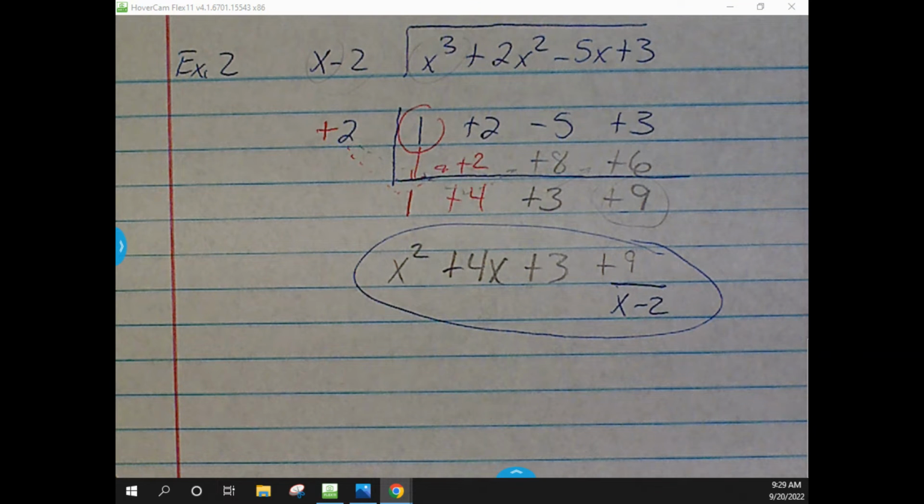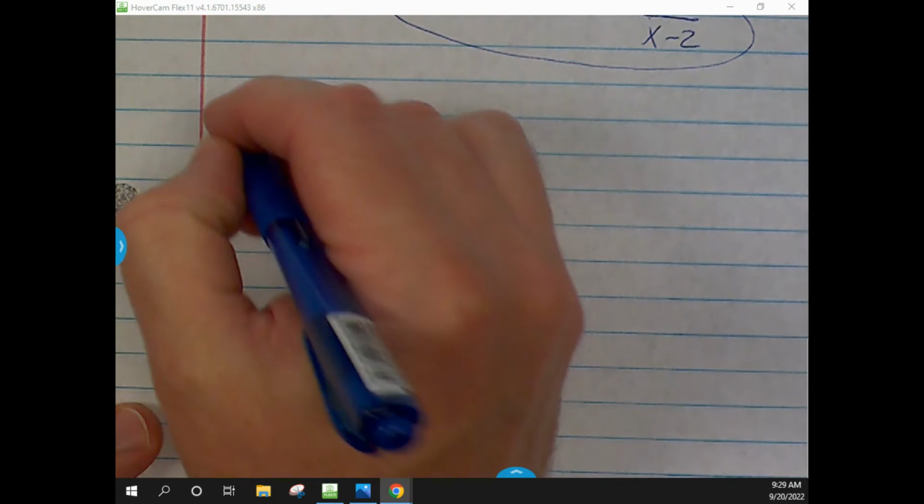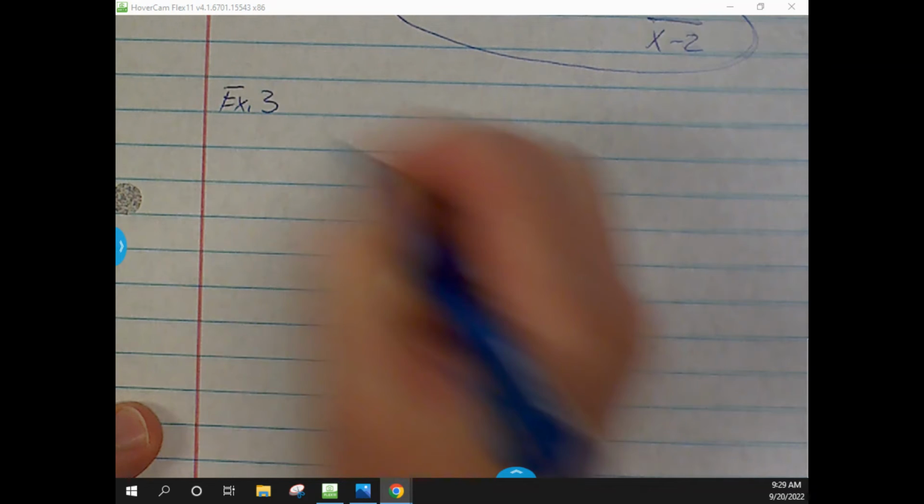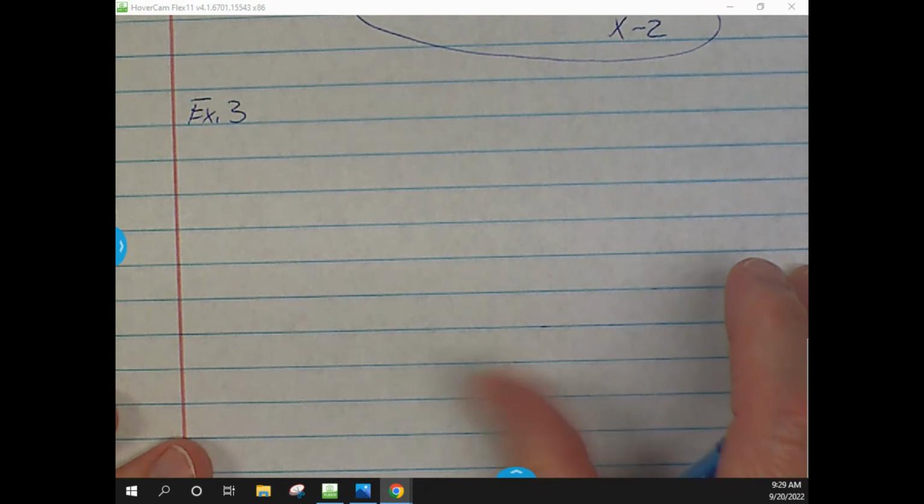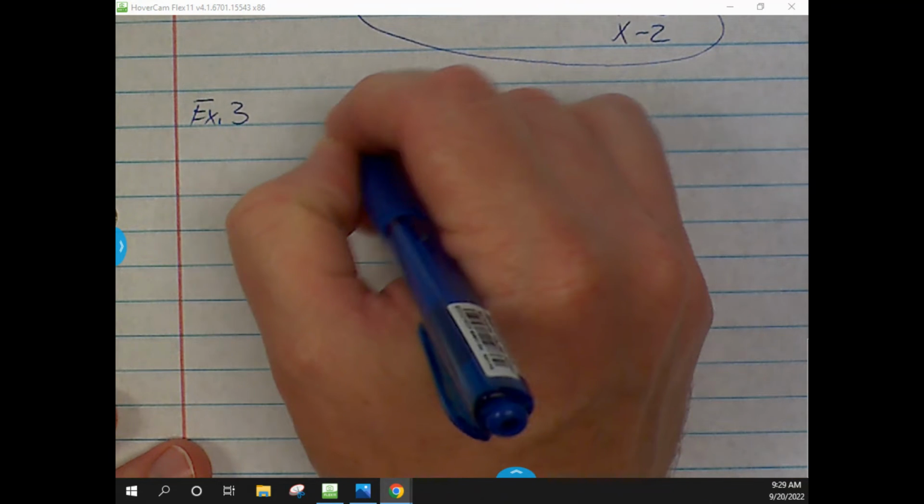Okay, so let's do this. Let's do one where there's some missing terms so that you can see what's going to happen if you've got a term that's missing. All right, so for this one, let's do x plus 2.